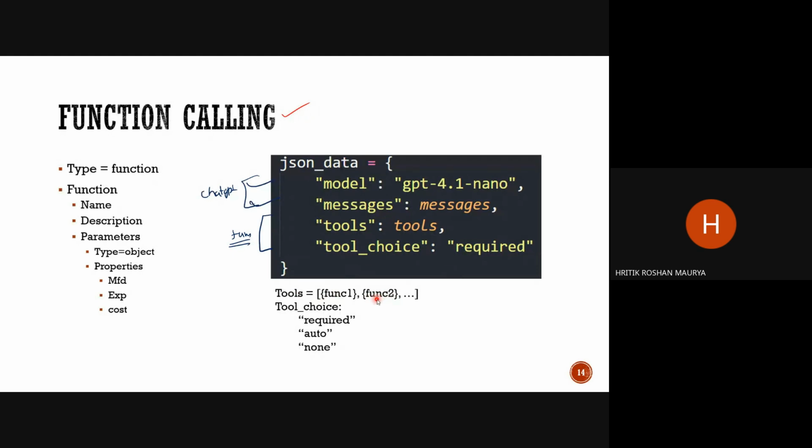This is not a normal Python function. Let me clear you. The function is an object, a dictionary object. We will pass it as a dictionary object. How will this function schema look like? This is a dictionary object, an example of one function.